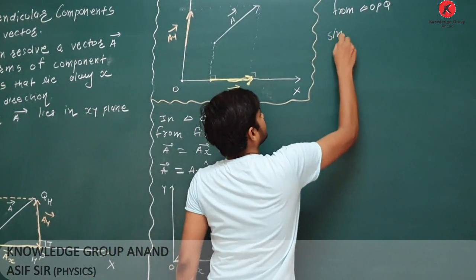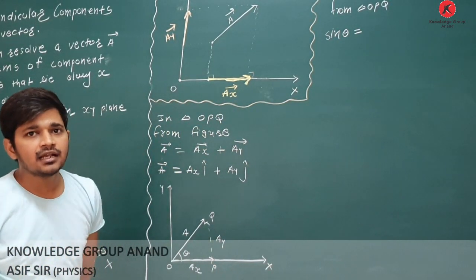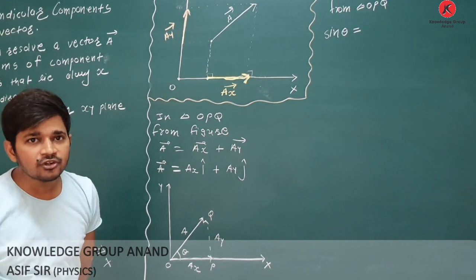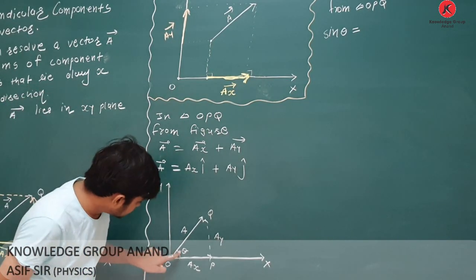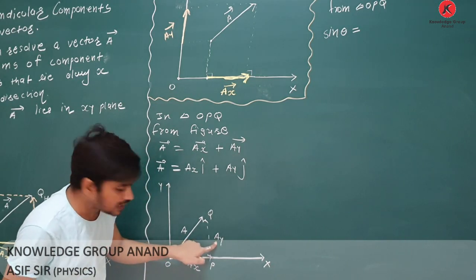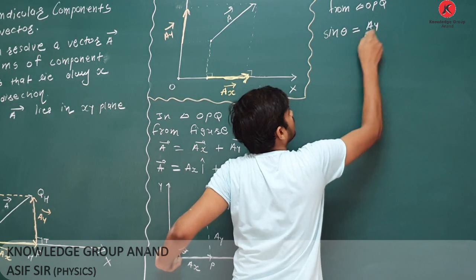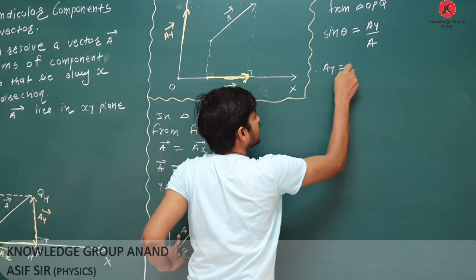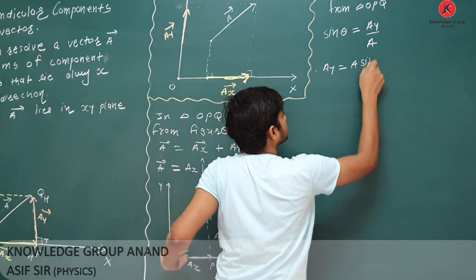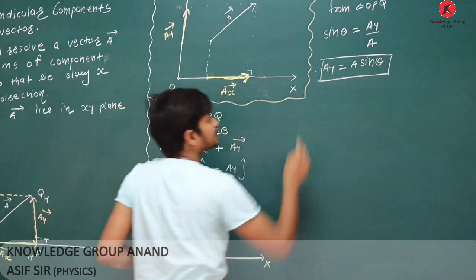Sine theta means opposite side upon hypotenuse. For theta, its opposite side is AY and its hypotenuse is A. So AY upon A. Therefore, if you make AY the subject, then AY is equal to A sine theta.